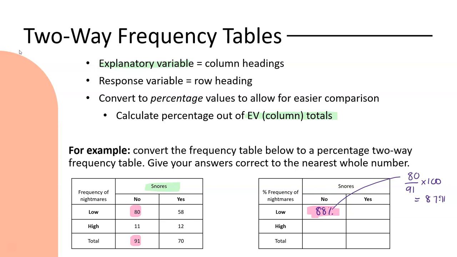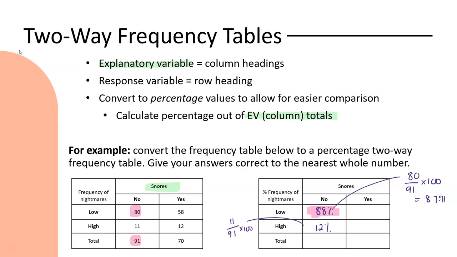To calculate the high, we can either know that our column will add to 100%, or we can calculate our value for high as 11 out of the 91 times 100. We get 12% there. Again, for the yes column, it's the same process.